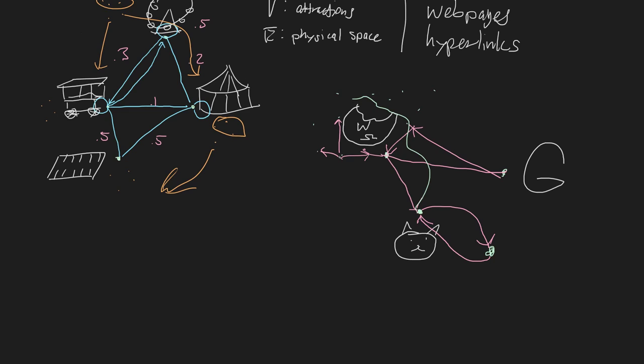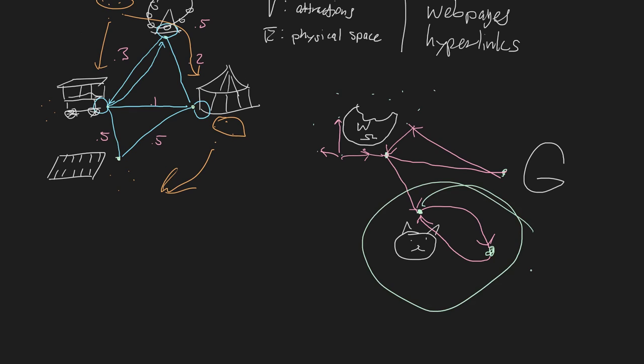This also means that even if you're on Google, sometimes you will teleport somewhere random and end up elsewhere. Again, kind of weird in terms of our model, but it makes the numbers work out. That's the important thing.